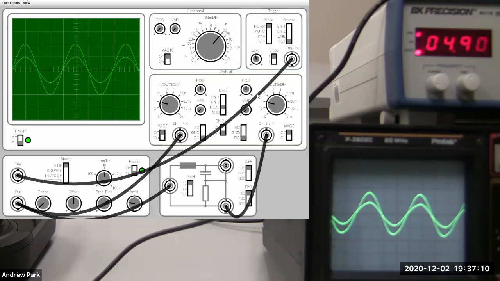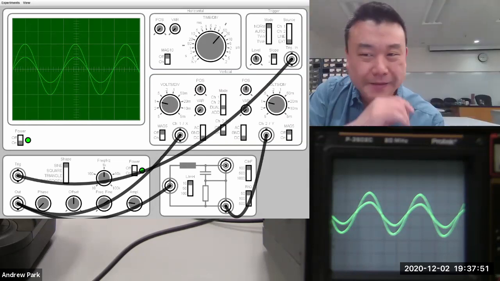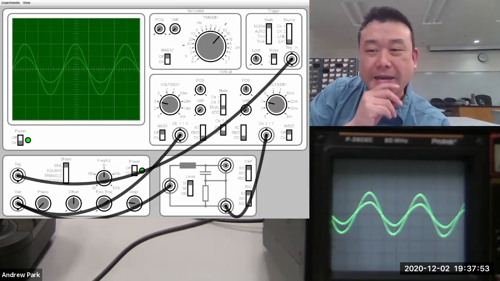What am I missing? So on resonance, it should be that the impedance of the inductor and capacitor actually cancels out. That's why the maximum current is V in over R. What am I missing here? I'm trying to figure out what it is that I'm not thinking.